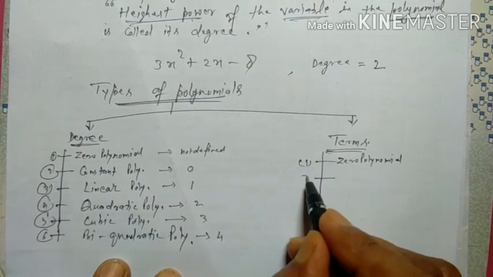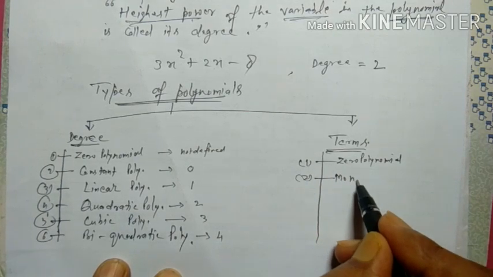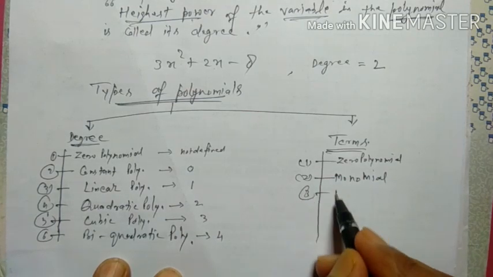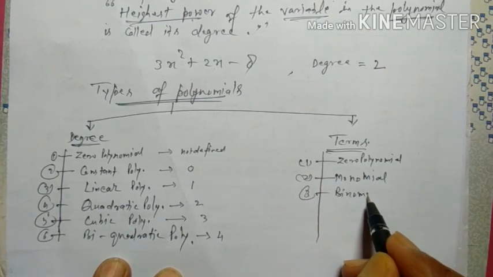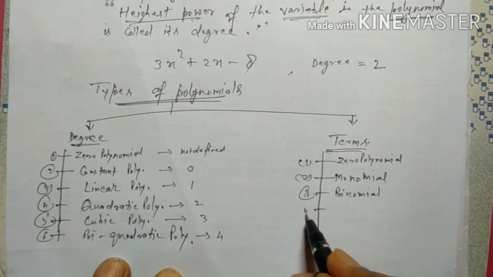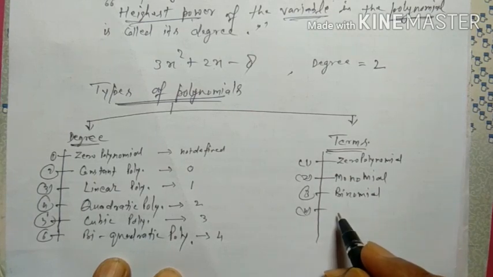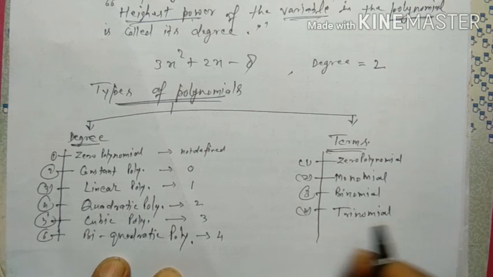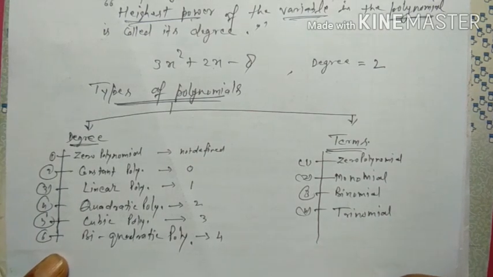Second, monomial. Third, binomial. Fourth, trinomial, tetranomial, pentanomial, and n-nomial.